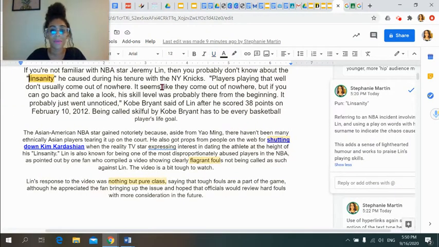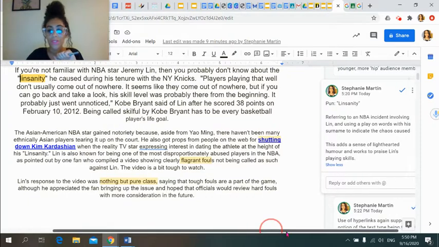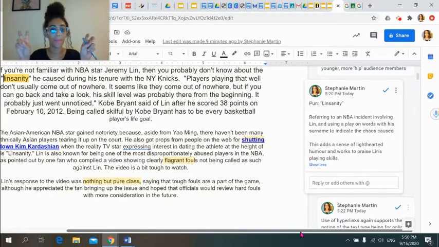All right, "Linsanity." So it says here, if you're not familiar with NBA star Jeremy Lin, then you probably don't know about the "Linsanity," and again, that's in inverted commas, he caused during his tenure with the New York Knicks. So it's a play on words there as well. It is in quotation marks on purpose, and that implies that it's a little bit tongue-in-cheek, kind of sarcastic, but it's referring more so to the NBA incident that obviously involved Lin, and it's a play on words that uses his surname to indicate the chaos that's been caused.